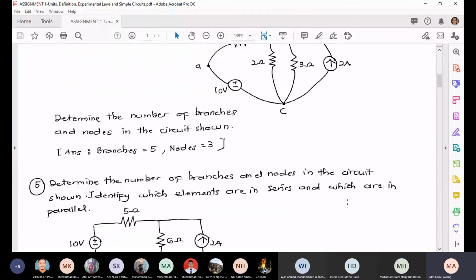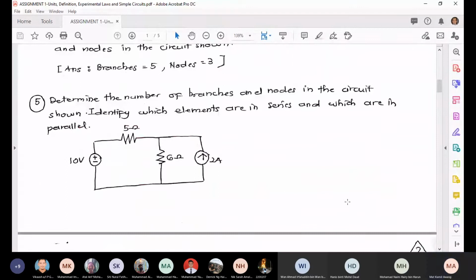Okay. Number 5. Determine the number of branches and nodes in the circuit shown. Identify which elements are in series and which are in parallel. So, 4 branches. Basically when you want to identify the branches, you count how many elements you have.